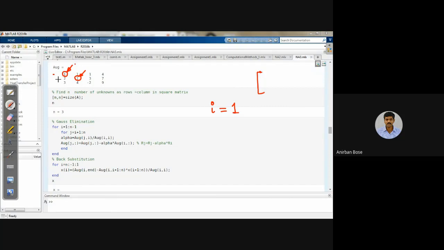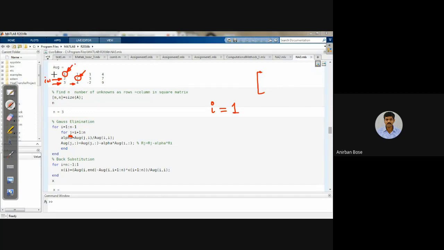And then for that, how many calculations will be there? For that, row 2 and row 3 calculation will be there. And when i is equal to 2, only row 3 calculation will be there. So for i is equal to 1, where will j start from? When i is equal to 1, then j will start from i plus 1.